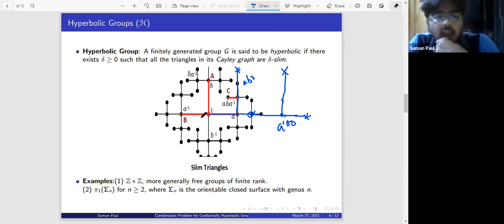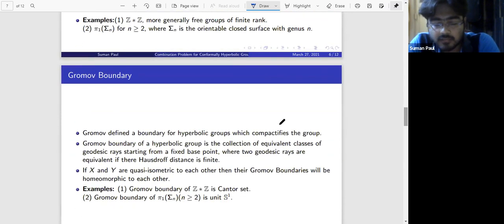You can show that the equivalence relation of the sequences will not be transitive if it is not hyperbolic. Okay, thanks. So you cannot define this in general metric spaces.